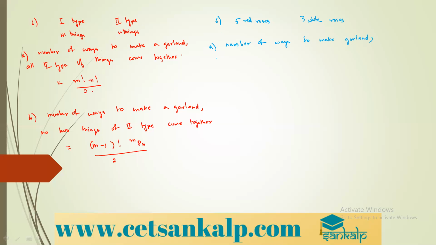All the white roses come together when I make the garland. So how many ways? First you take 5 red roses, 5 factorial, 3 white roses, 3 factorial, and divide by 2. 5 factorial is 120, 3 factorial is 6, by 2. 2 times 60. So in total, 360 ways you can make the garland.